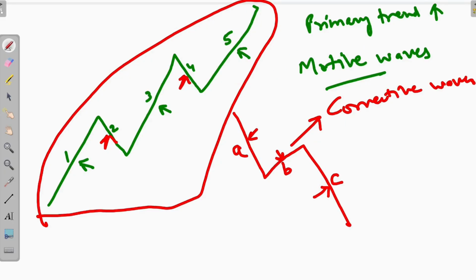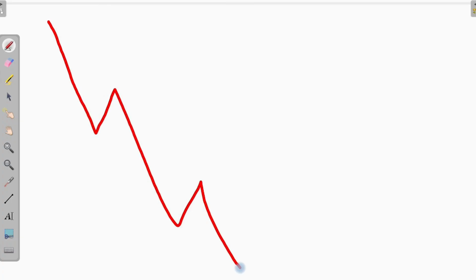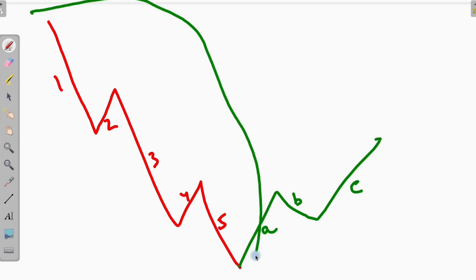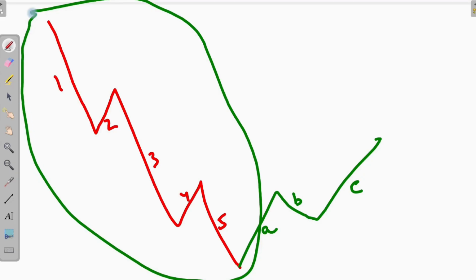So this can also be seen when the primary trend, let's say, is on the downside. So we have a 5-wave structure forming like this, where we have 1, 2, 3, wave 4, wave 5, followed by an ABC correction, which is A, B, C. So in this case, when this trend is occurring, the primary trend is on the downside.